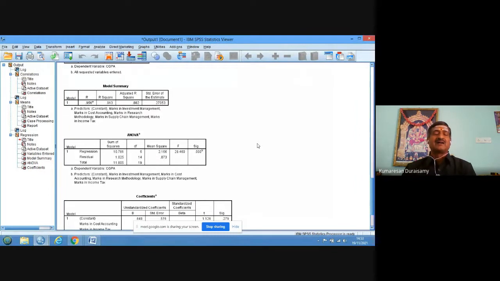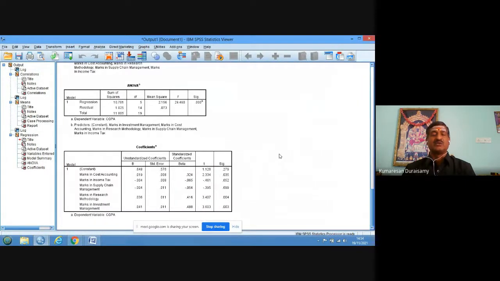These 5 predictors influence the CGPA, the dependent variable, whether they influence significantly or not. That is what we can understand from this p-value. So there is a significant relationship between the dependent variable and the predictors at 1% level because the p-value is less than 0.01. Then the final result.